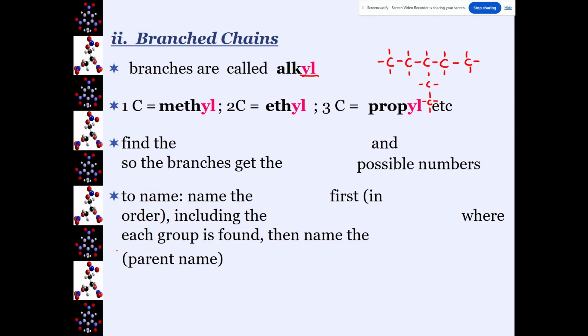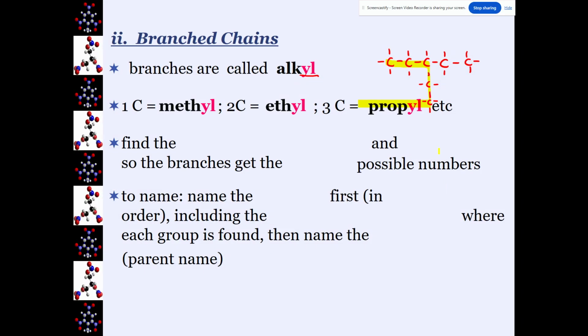But anyway, when it comes to figuring out what is the parent and what is the branch, the longest continuous chain doesn't have to be straight across. Usually it is, but it doesn't have to be. Okay, if I go straight across, I have 1, 2, 3, 4, 5 carbons, but I could also snake down. If I snake down, I have 1, 2, 3, 4, 5 carbons.